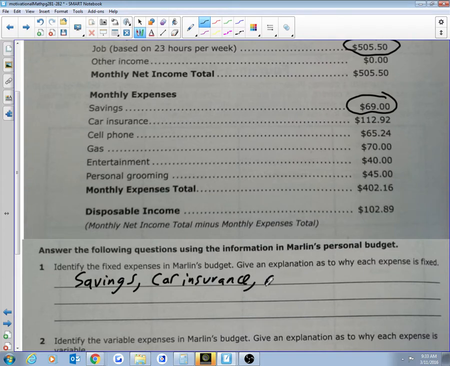So cell phone could be fixed or could be variable, and then that's it for the fixed. And so they're fixed because they're not changing. They stay the same. They stay constant because they do not change.